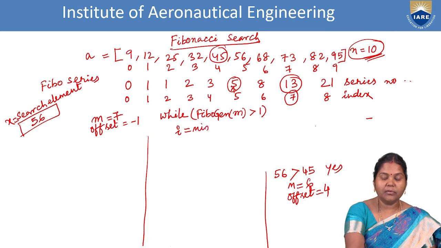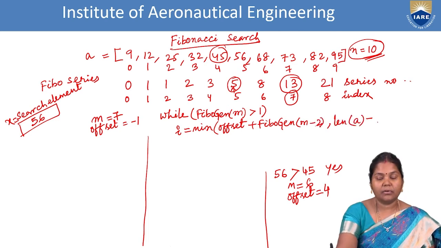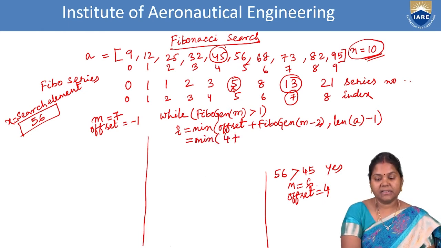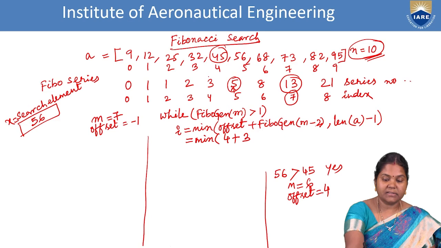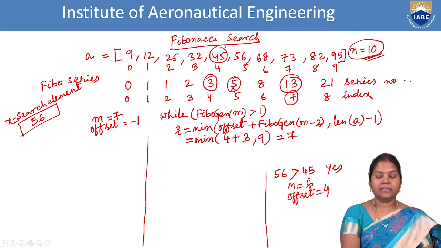Let us compute the value of I again, which is minimum of offset plus Fibo generator of M minus 2, comma, length of the list or array minus 1. So, minimum of offset 4 plus Fibo of 6 minus 2, which is Fibo of 4, the value is 3, comma, 9. So, that is 7. So, I is 7.